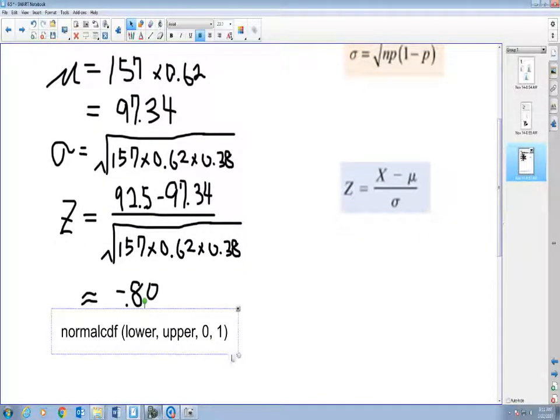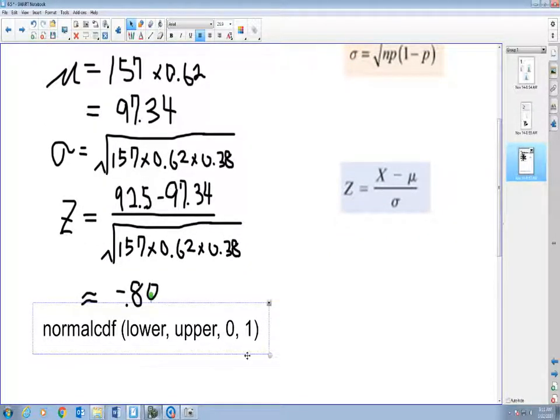All right. So now, since I want to find the area to the right, that means I will start at the lower bound, negative 0.80. Upper bound, keep on going to infinity. That will be 1e99, comma 0, comma 1.